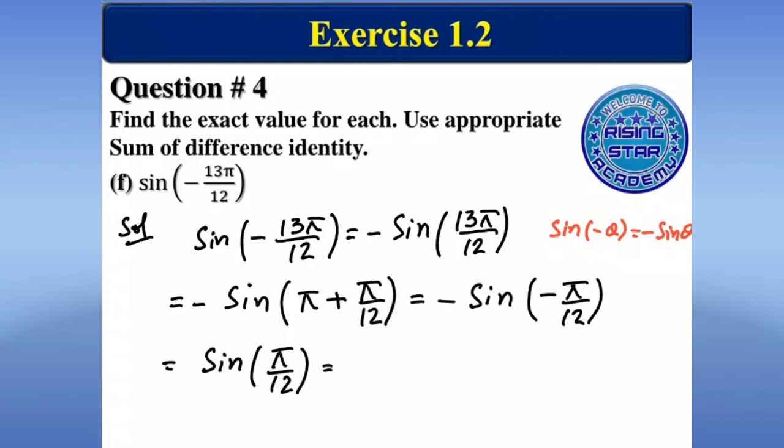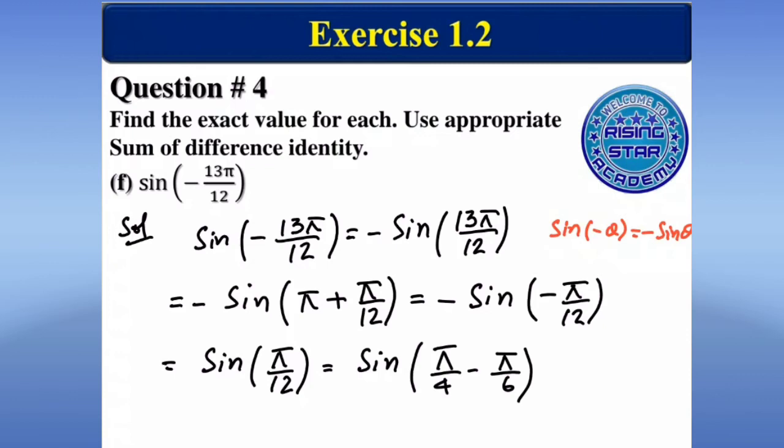So we can write sine pi by 12 as sine of 45 minus 30, or pi by 4 minus pi by 6.